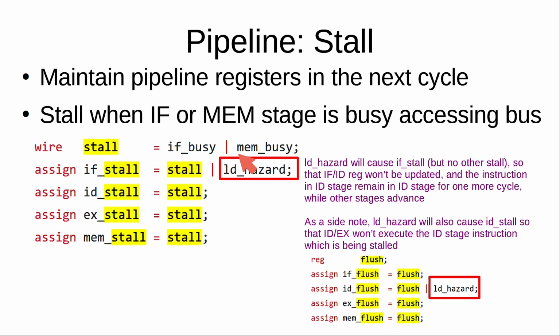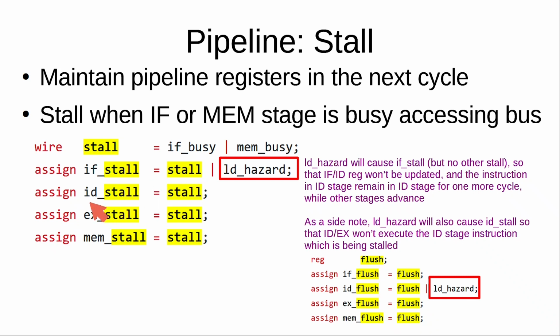As you can see here, this is the stall signal when the IF stage or the memory stage is busy. And as discussed just now, when we have the load hazard, we will need to stall the instruction fetch stage, so we stall that using the IF stall signal.